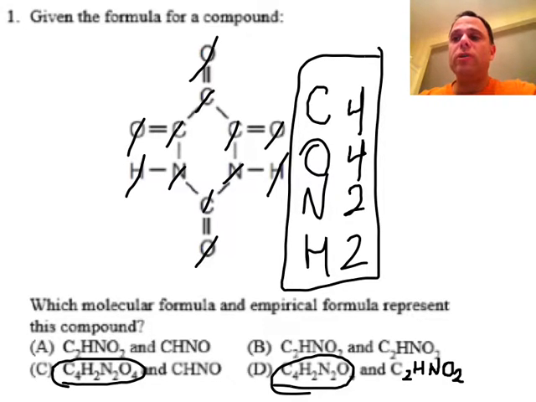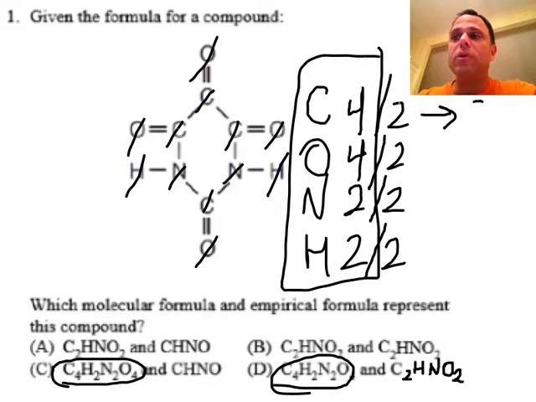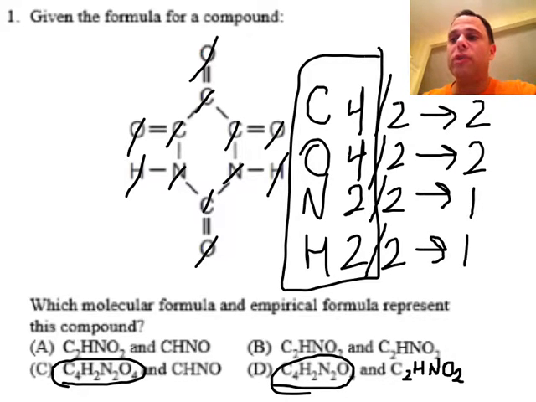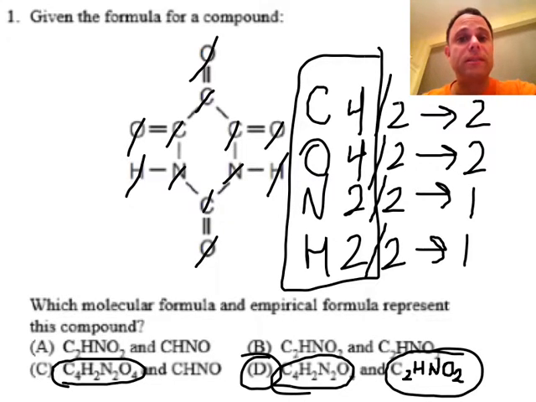So if we wanted to make it the simplest whole number ratio, we would divide each number by the smallest number present and hope that it leads to whole numbers. So it does lead to 2 carbons, 2 oxygens, 1 nitrogen, and 1 hydrogen, and that is represented right here. The answer is D.